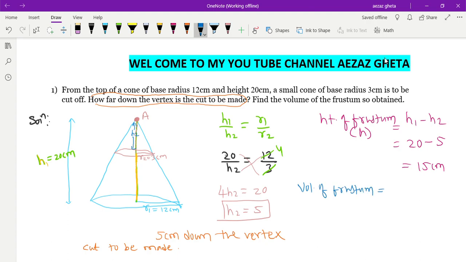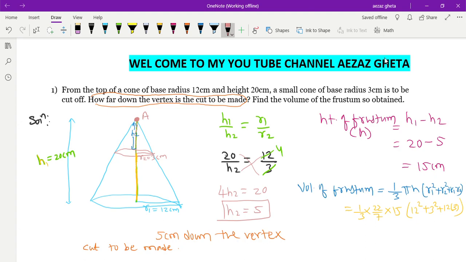What is the formula? 1 by 3 pi h of r1 square plus r2 square plus r1 into r2. Right. So 1 by 3, 22 by 7, 15, the height is 15, and the radii are 12 and 3, and then 12 into 3.